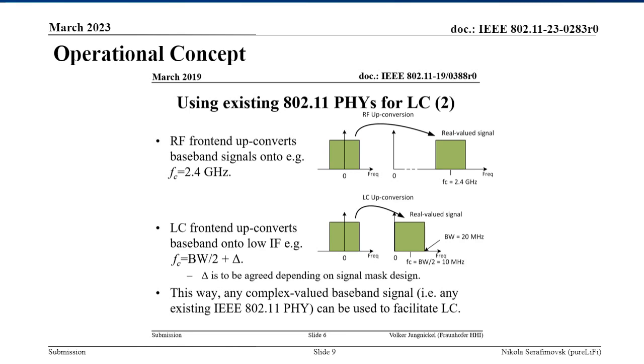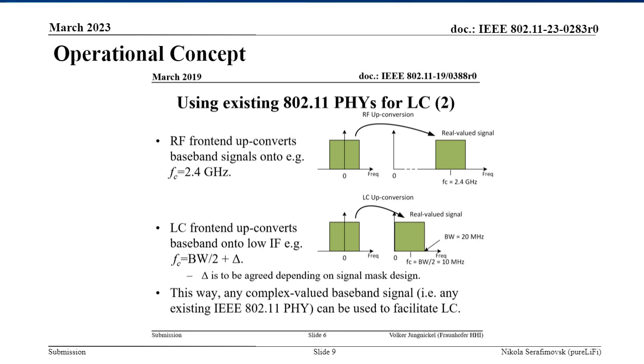So effectively you just up or down convert the traditional RF waveform to a frequency of an electrical bandwidth that can be carried through a solid state lighting source.